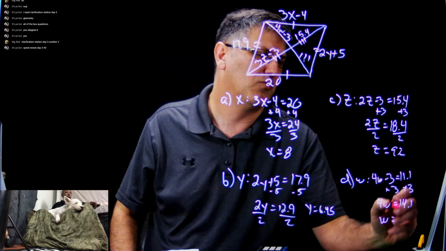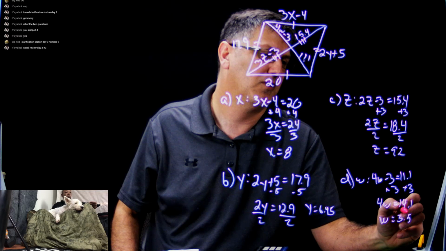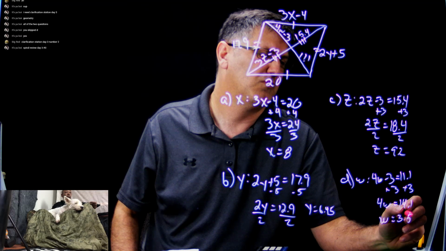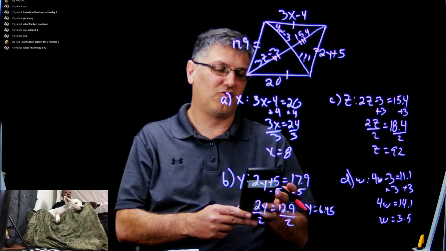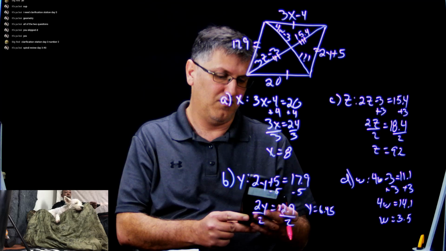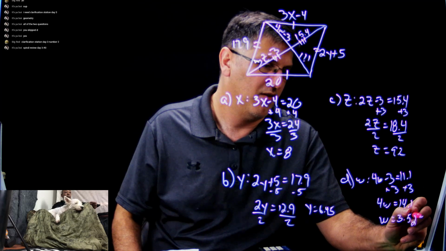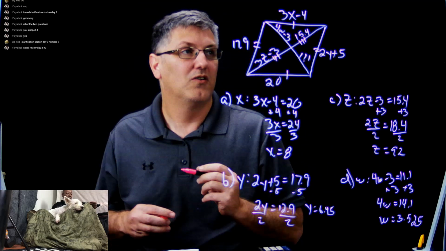W equals 3.5 something. Lost track in my head. 14.1 divided by 4 is 3.525. And you're done.